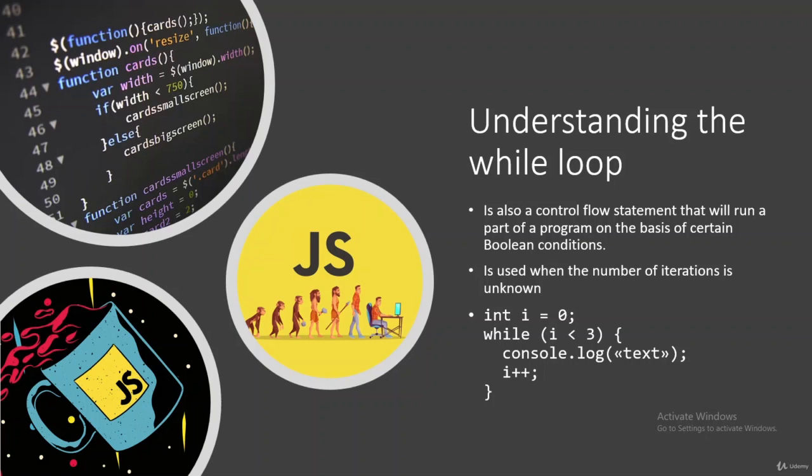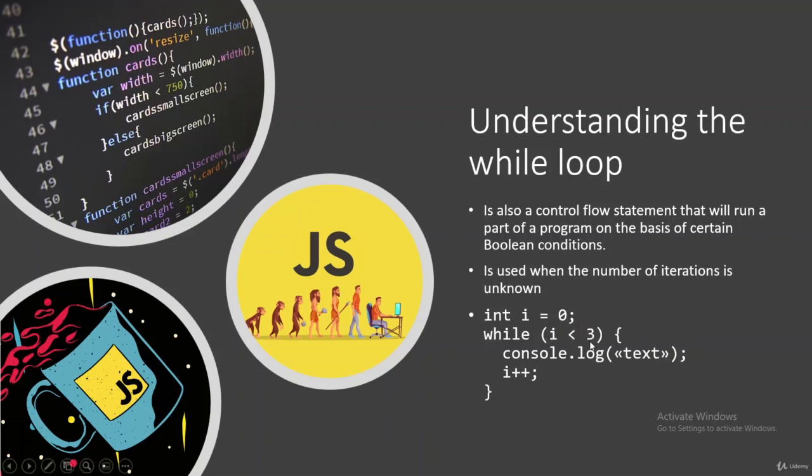The while loop is a little bit different, and a little bit simpler to understand. It's used when the number of iterations is unknown. It's also a control flow statement that will run a part of a program on the basis of certain Boolean conditions. In other words, it will run a program until this value is true.